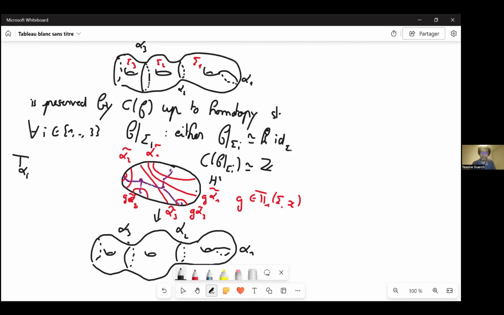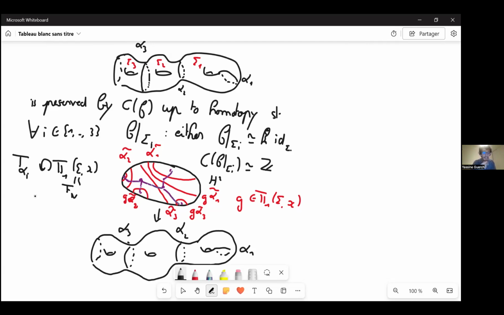And since we look at all the orbits of all the alpha i's by elements of the fundamental group, it comes equipped with an action of the fundamental group, and thus an action of your free group.